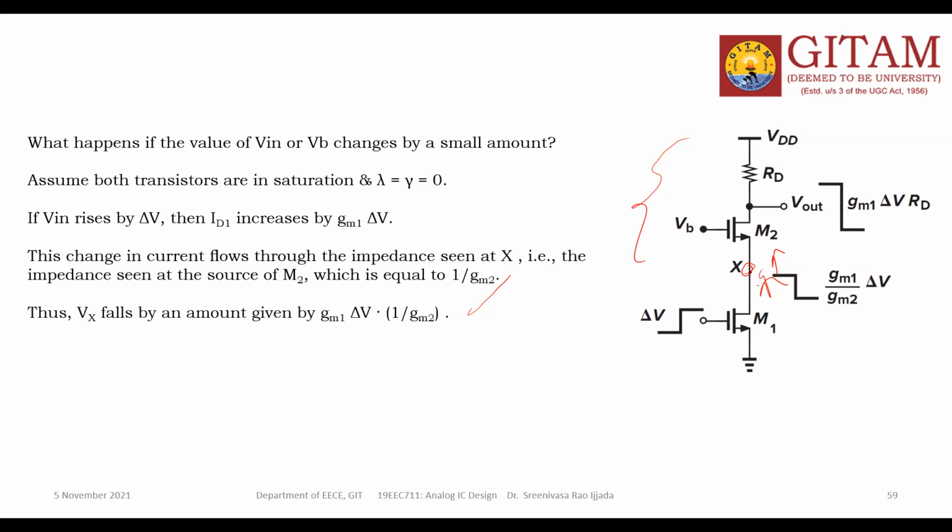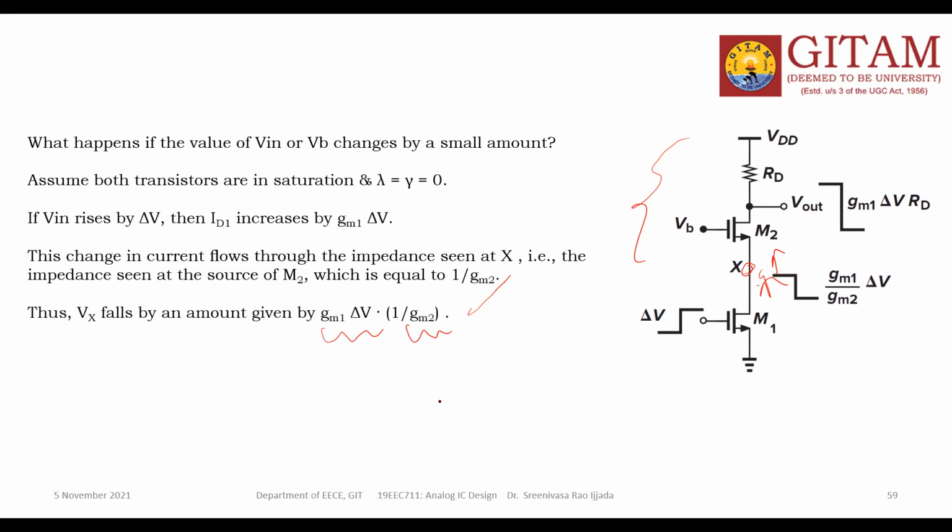Next, thus Vx falls by the amount given by gm1 into delta V by 1 by gm2. This is the ID change, and this is the impedance.